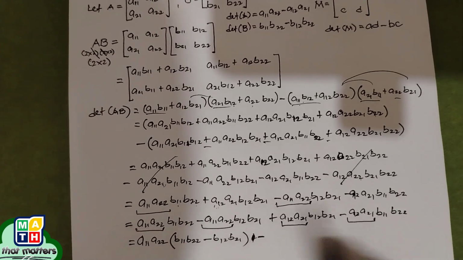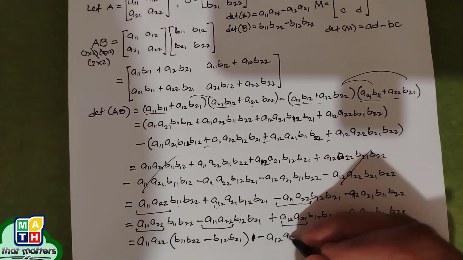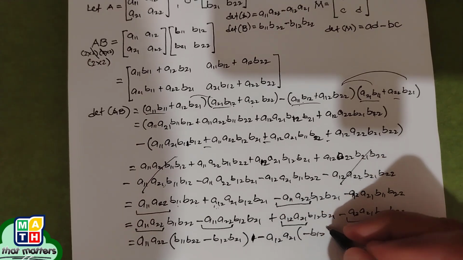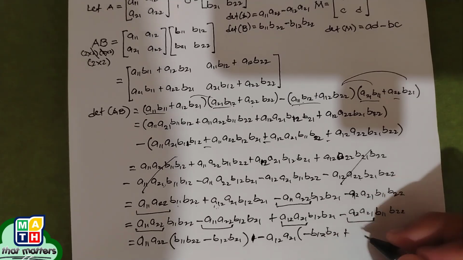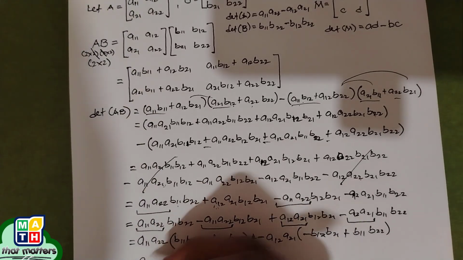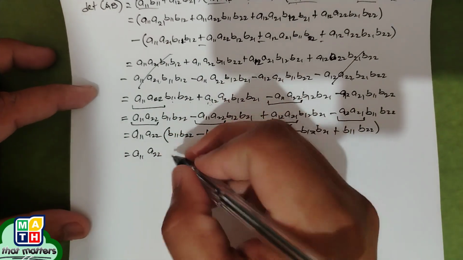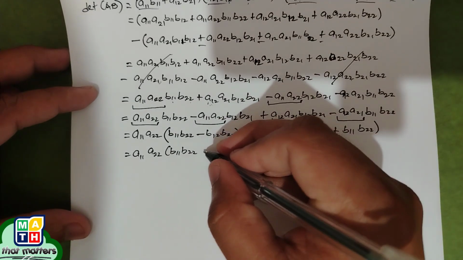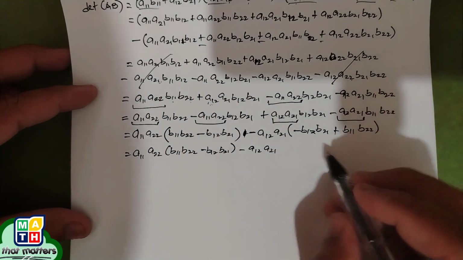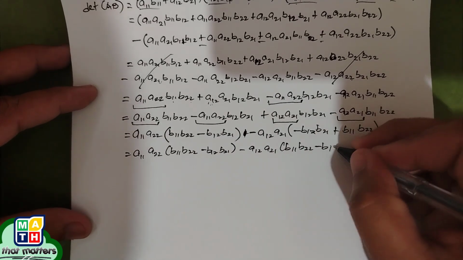So once we take out the minus A12 and A21, this becomes plus B11 and B22 minus B12, B21. You can rearrange that to make it like this: A11, A22, B11, B22 minus B12, B21 minus A12, A21, rearranging this, B11, B22 minus B12, B21.